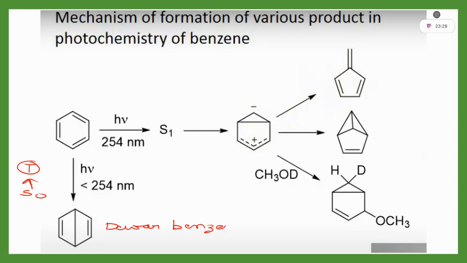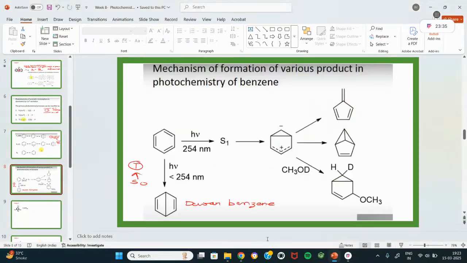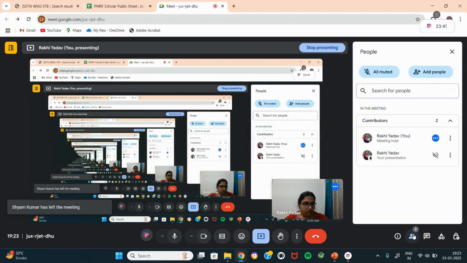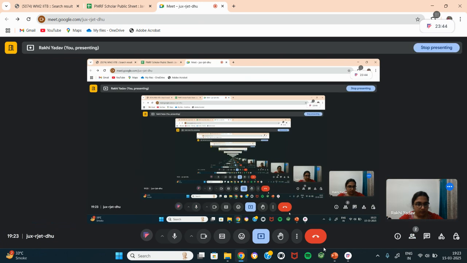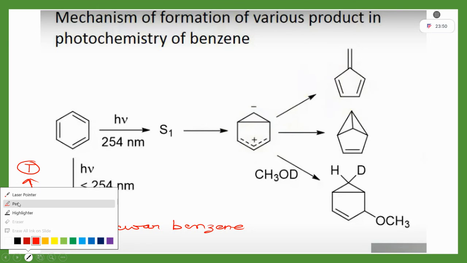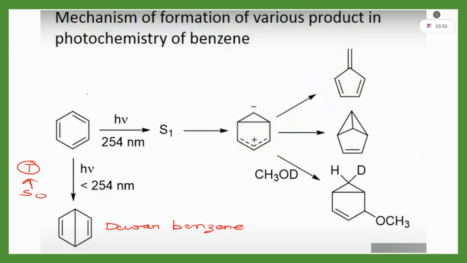Yes or no? So, when your wavelength is less than 254 nanometer, it will undergo the triplet excited state and lead to formation of Dewar benzene, and it will undergo reactions that go through the Dewar benzene intermediate.